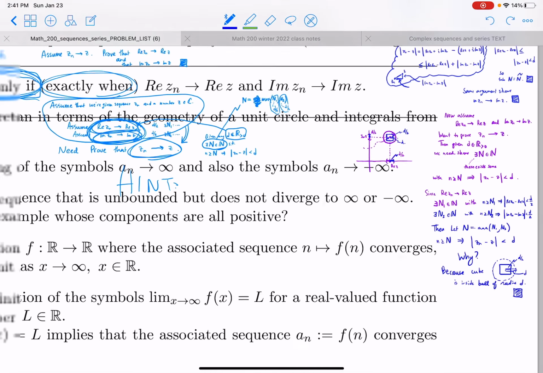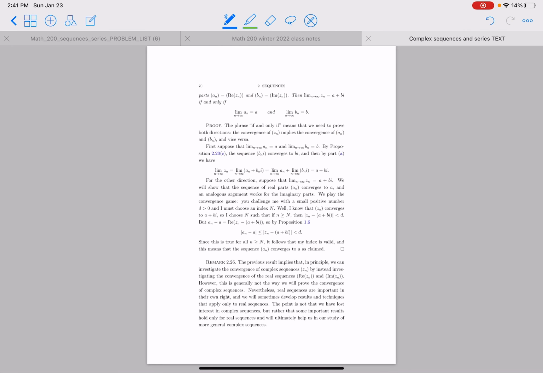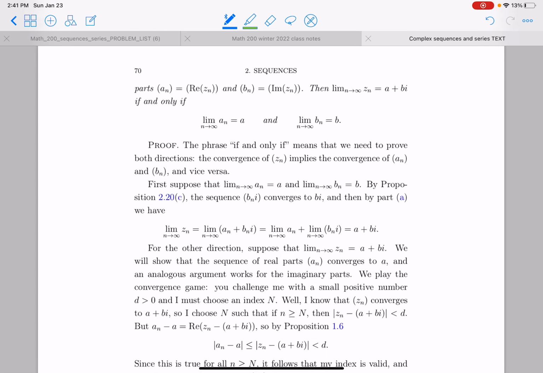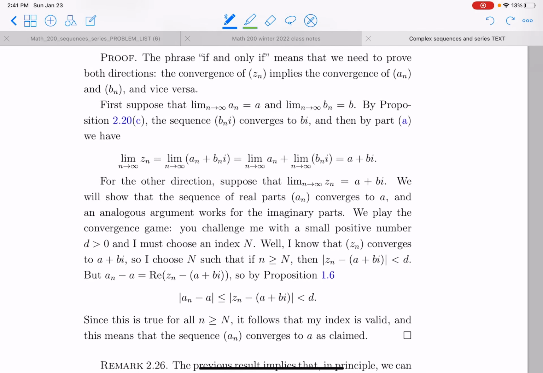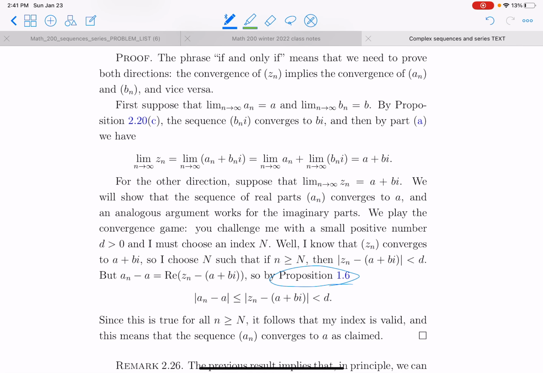This is different from your book. Your book proves it a different way. So your book gives names to the real parts, they get the name a sub n. The imaginary parts get the name b sub n. And then they use limit laws. Here's the limit laws, I think. And then they use some proposition 1.6, which they don't say what it is, but it must be something about the triangle inequality.